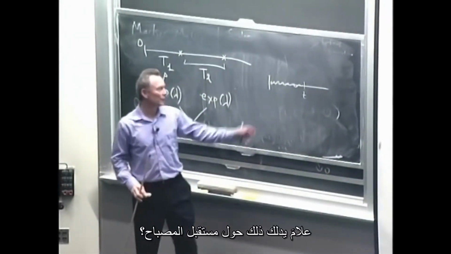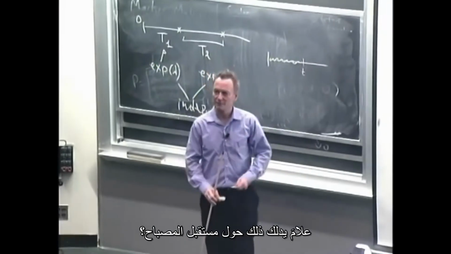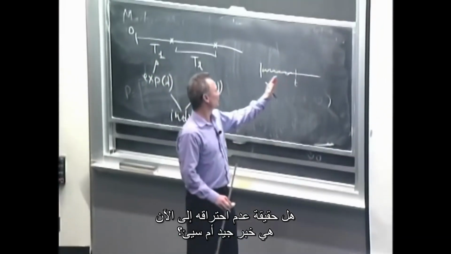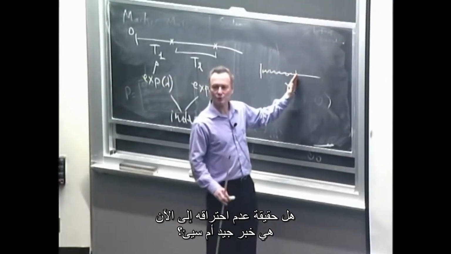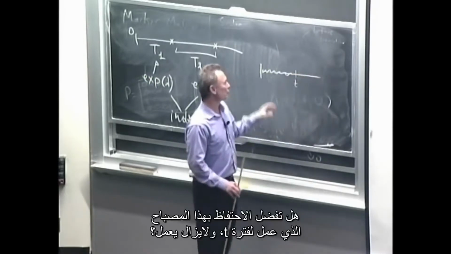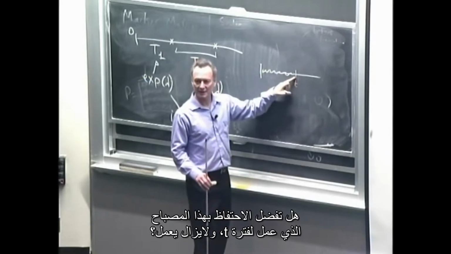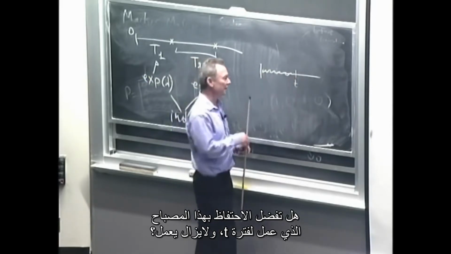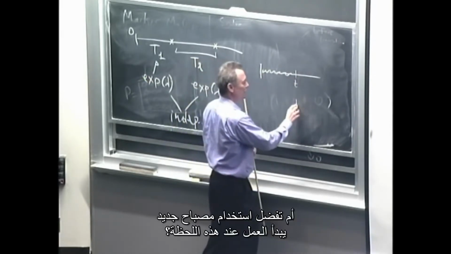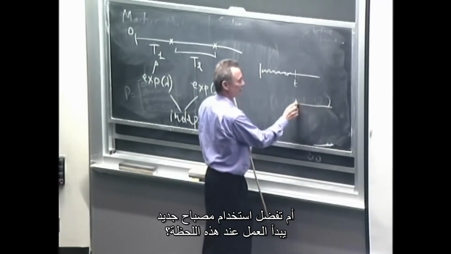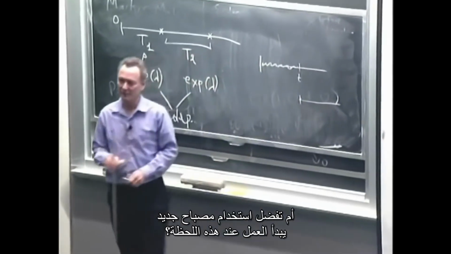What does this tell you about the future of the light bulb? Is the fact that it didn't burn out so far good news or is it bad news? Would you rather keep this light bulb that has worked for t time steps and is still okay, or would you rather use a new light bulb that starts new at that point in time?